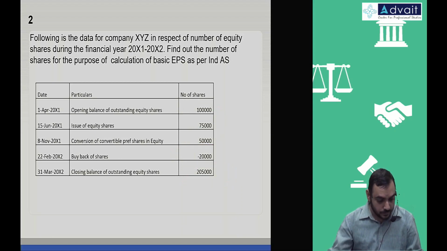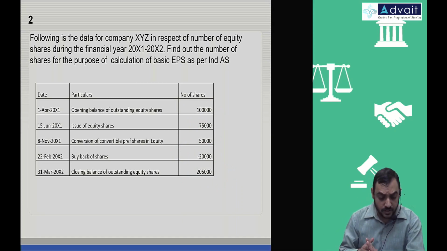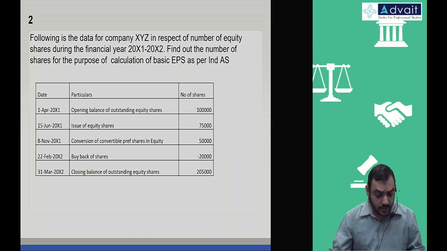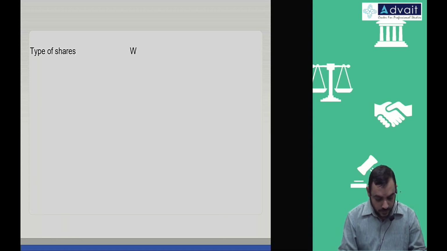Okay. Again, this also we can compute from the year beginning till the date of events, or we can compute the amount on a total basis. Both ways it's fine. Let us do it on an individual basis; that is much more comfortable. So, type of shares, then weighted average.